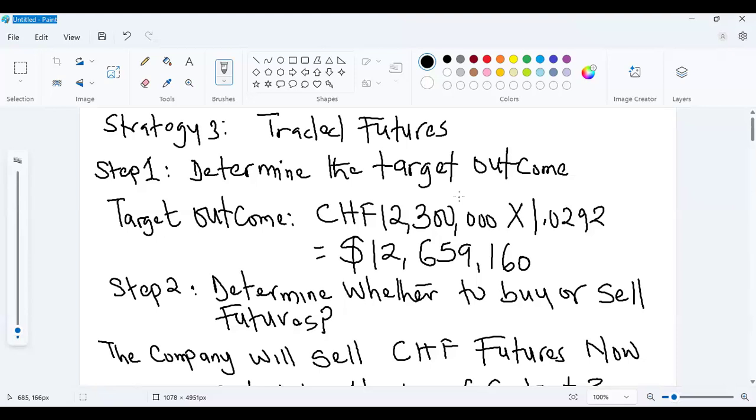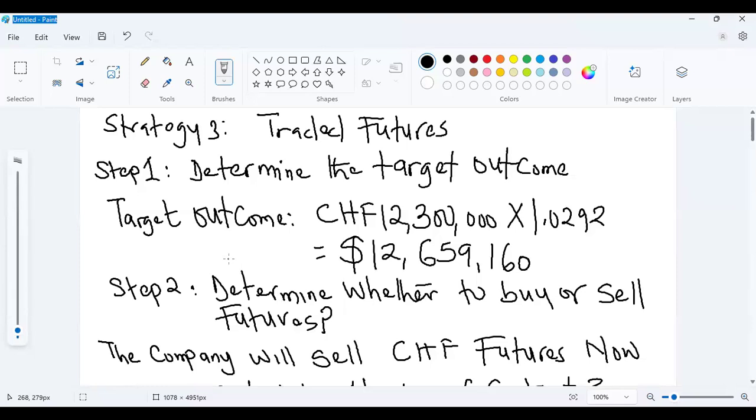Now, you want to make sure that when you receive the money in 6 months and you convert, the dollar amount should not be less than 12,659,160. Do you understand it now?